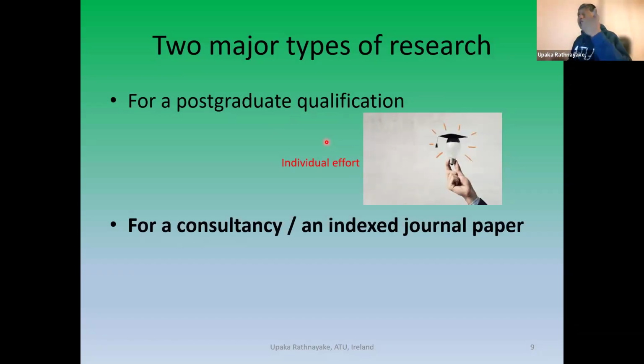Remember the couple of case studies, or research works, that I showcased earlier. They were not for any consultancy. I basically worked on these two problems because I was just interested in them. And at the end of the day, we published an indexed journal paper from one of these studies.